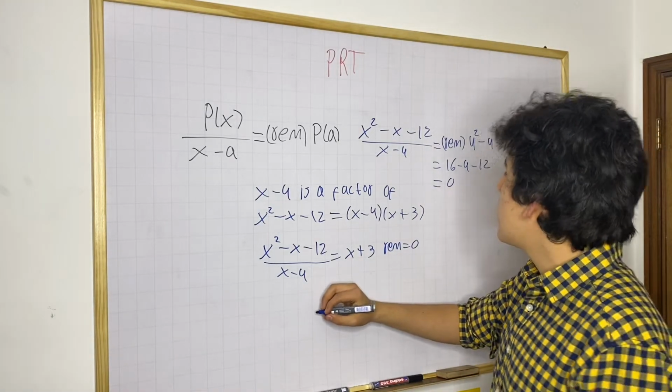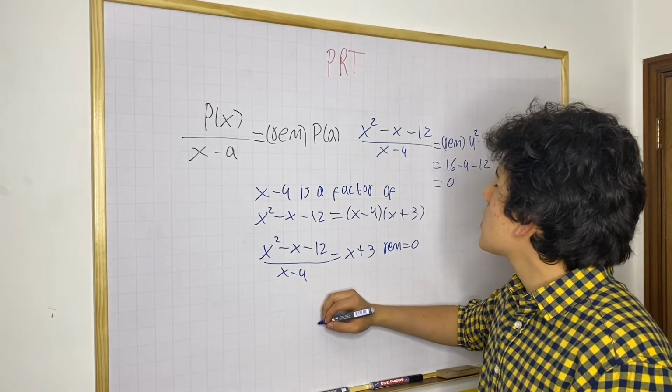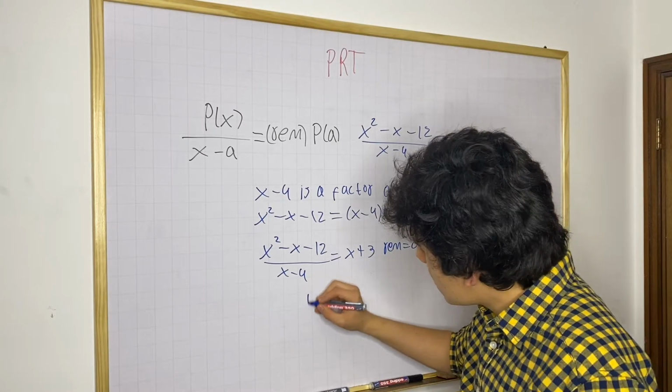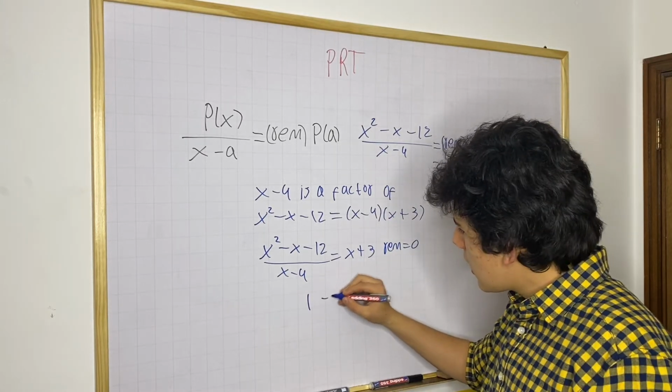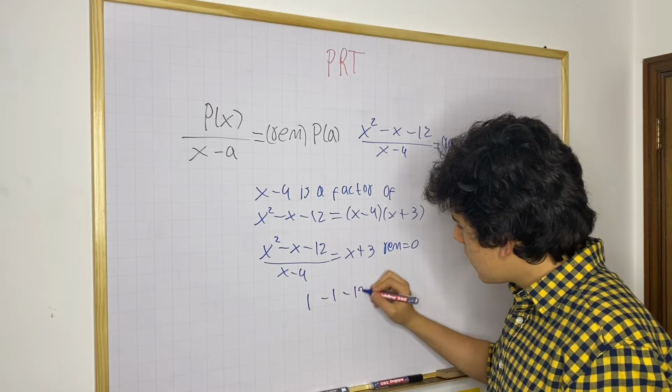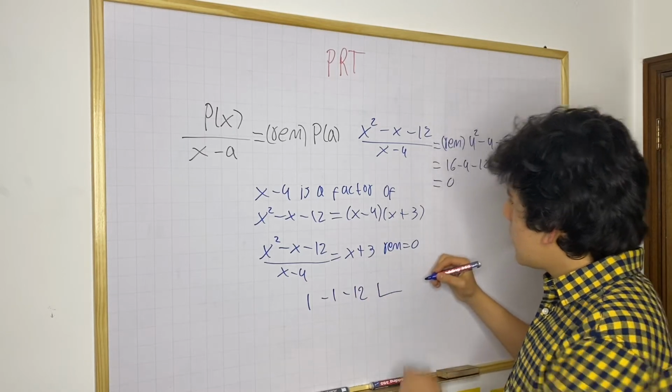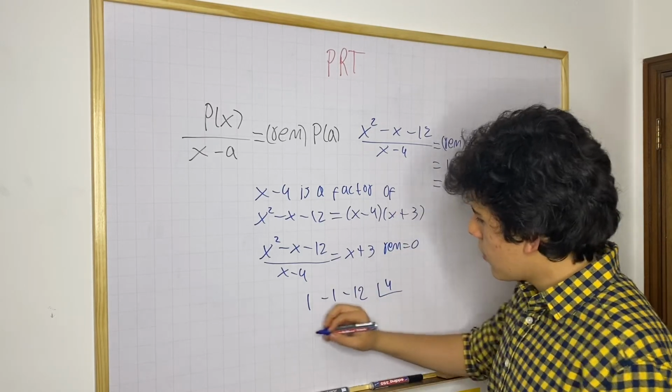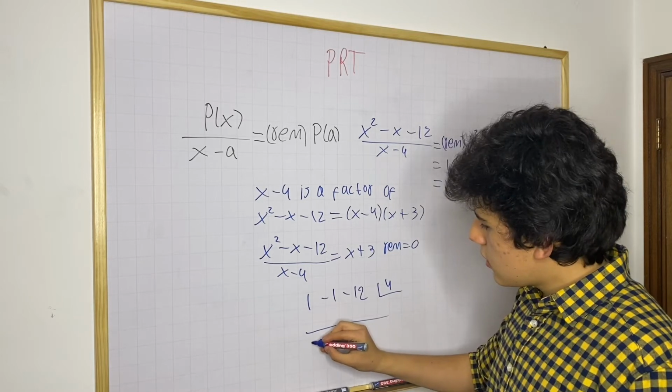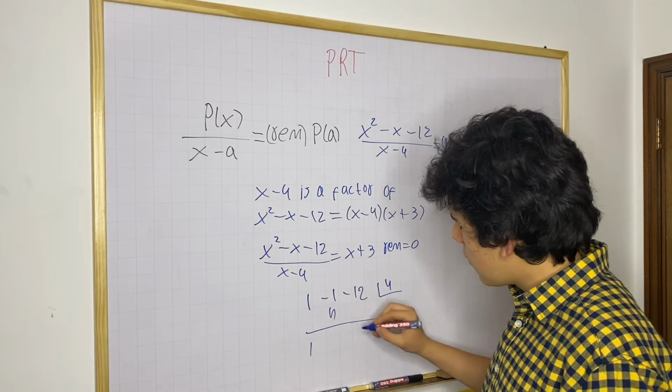We have coefficients of 1, -1, and -12. And we also have 4, that's the number we're going to be playing with. So we get 1 times 4, we get 4.